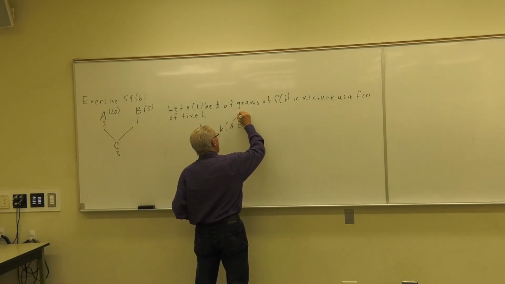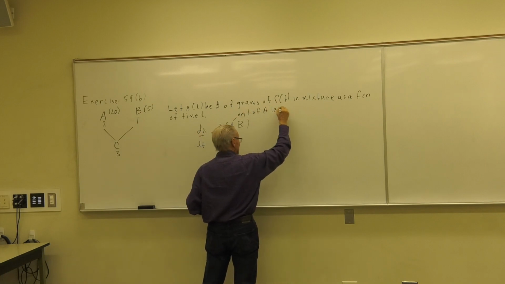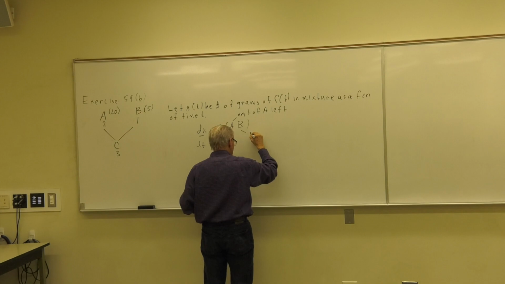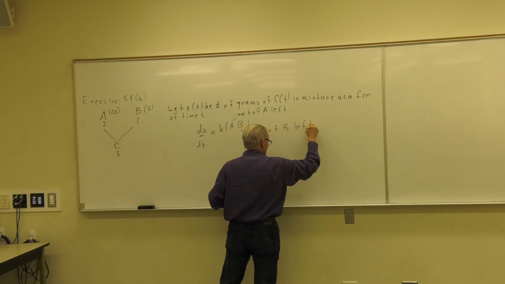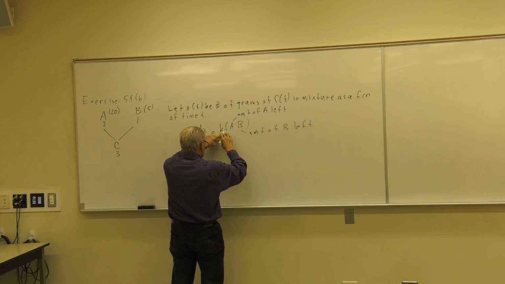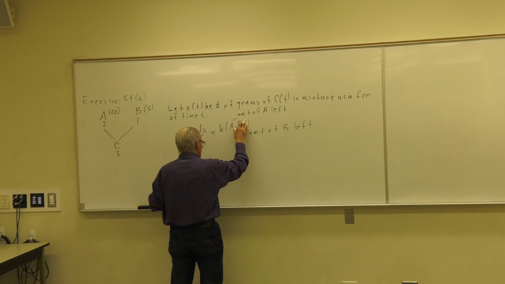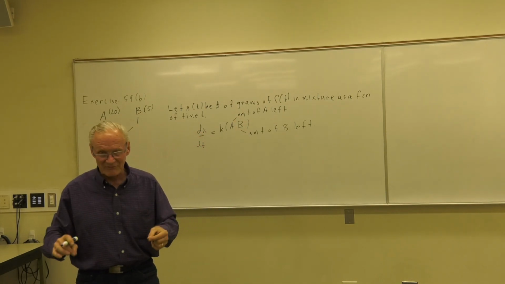This means amount of A left, agreed? And this is the amount of B left. That's what it said. The rate of change of C is proportional to the product of the amount of A and B there, which means left.